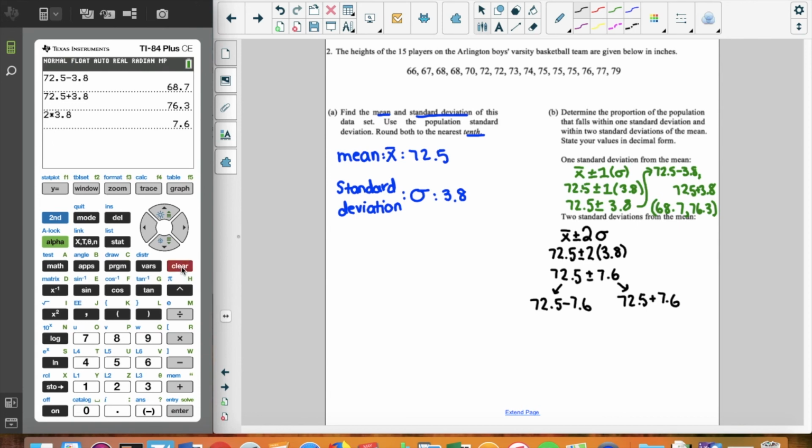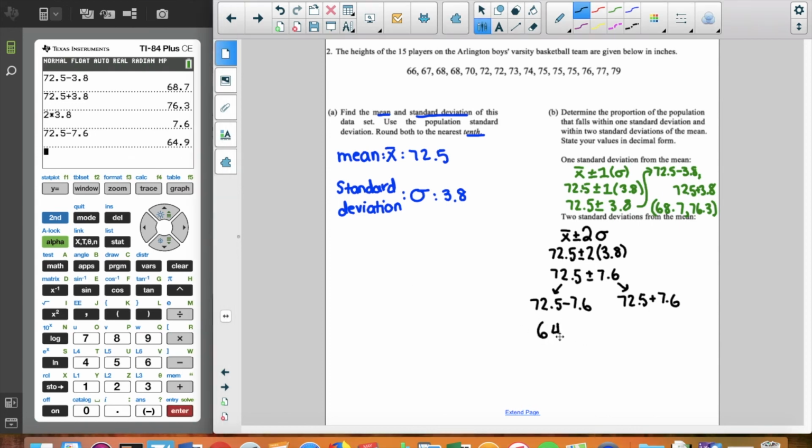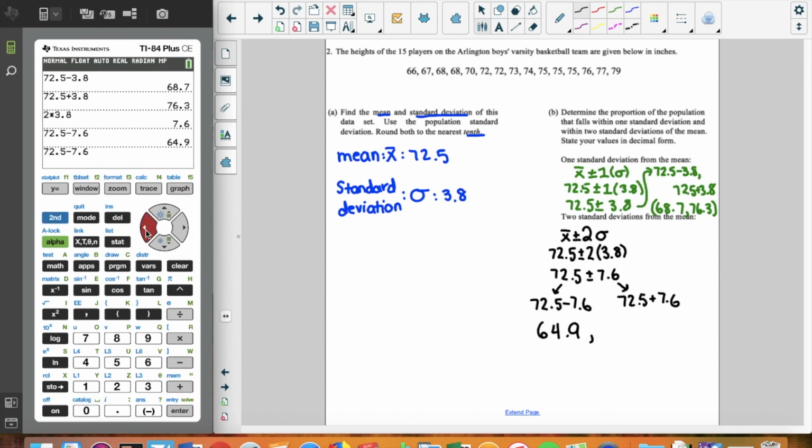So let's figure this out. 72.5 minus 7.6, and you get 64.9 as the first value of your range. And for your second one, you add. If you press second, enter, it brings you back to what you typed in before.